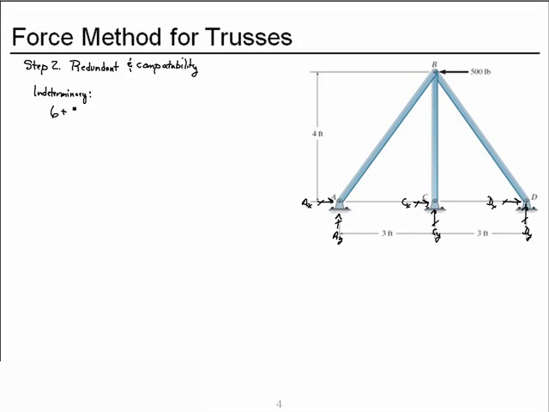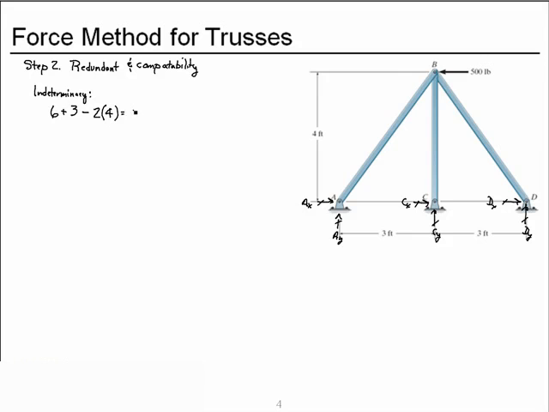We have 1, 2, 3 bar forces or member forces, and we subtract 2 equations of equilibrium times each node or joint. 1, 2, 3, 4.